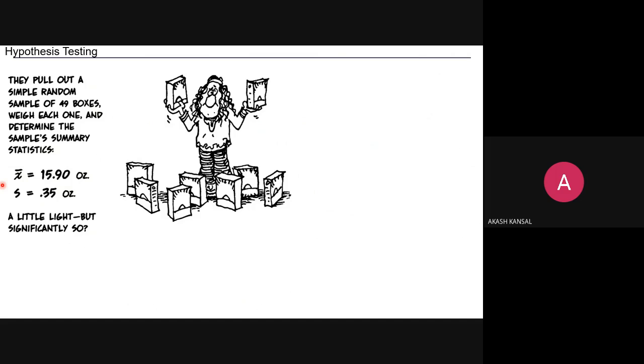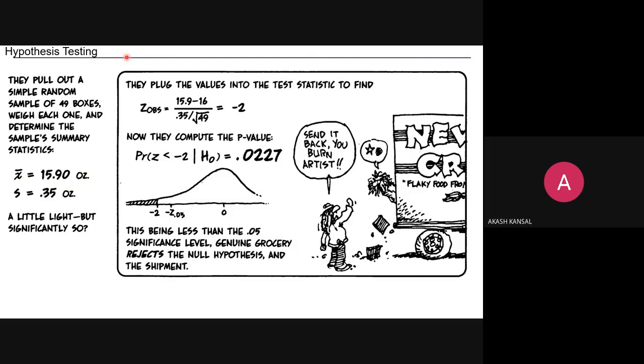But let's see what the hypothesis testing tells us. Now we plug these x bar and s values in the test statistic, and we obtain the Z observed, which is -2.